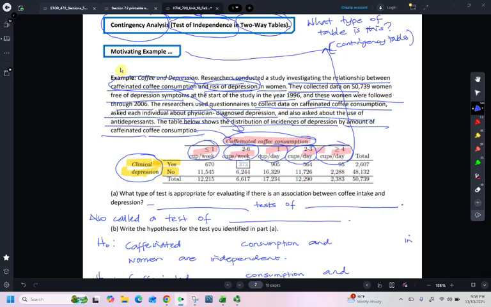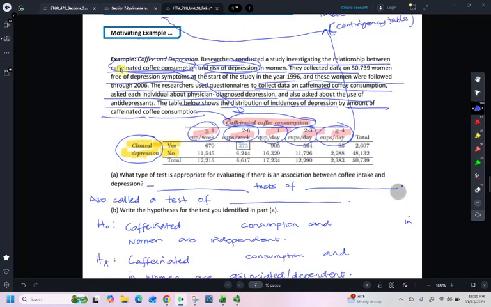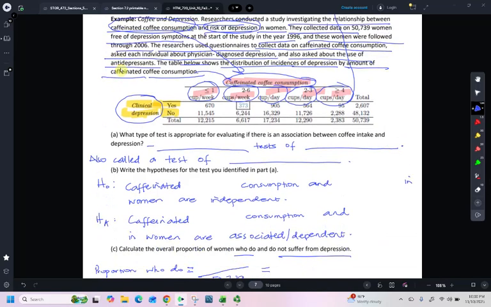And that leads us to a contingency analysis, which is a test of dependence between the two categorical variables whose data points are summarized in the contingency table. So, question A, what type of test will be appropriate for evaluating if there's an association between coffee intake and depression?